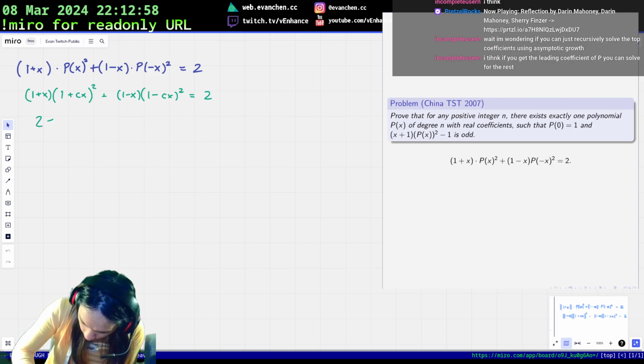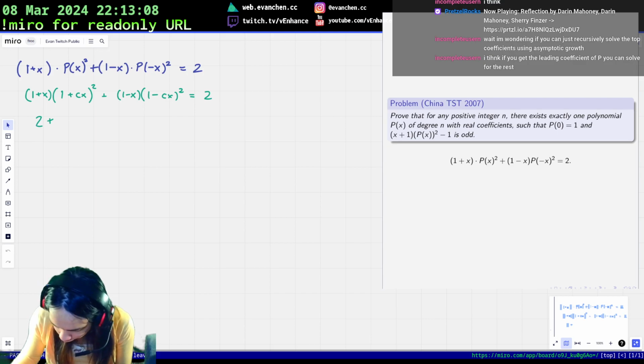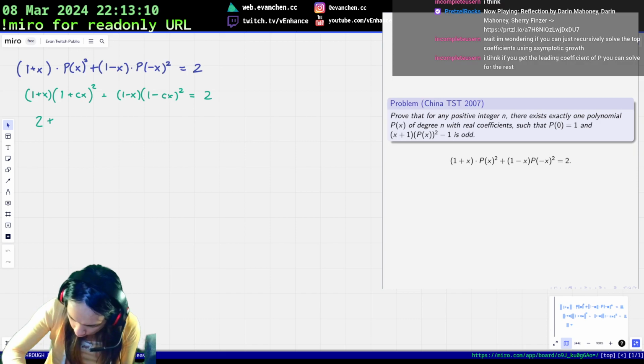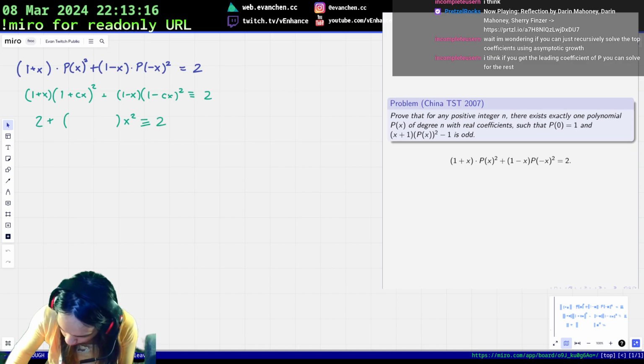Let's see which one. I think it's probably the x² coefficient, because the left hand side is obviously even the way that it's written. So I only need to check that coefficient. I'm going to write triple equals to emphasize this is true for every x.